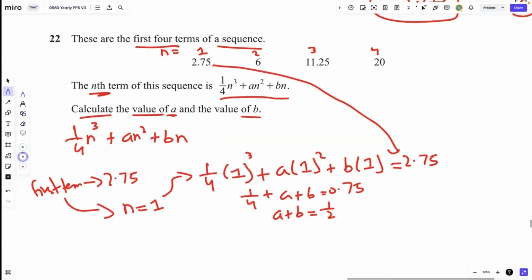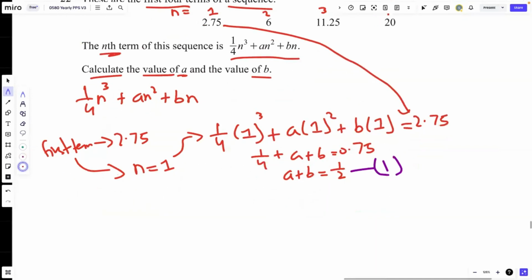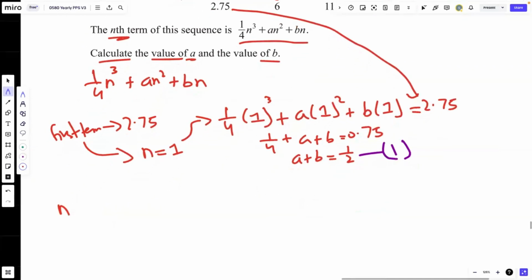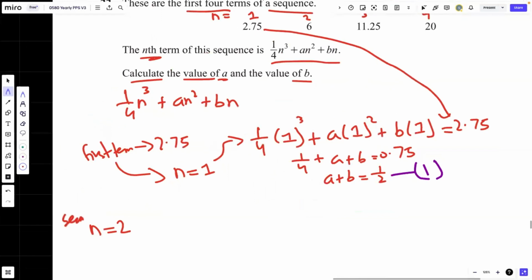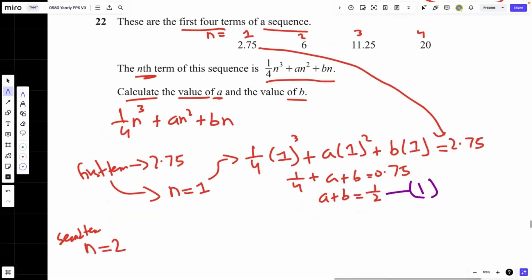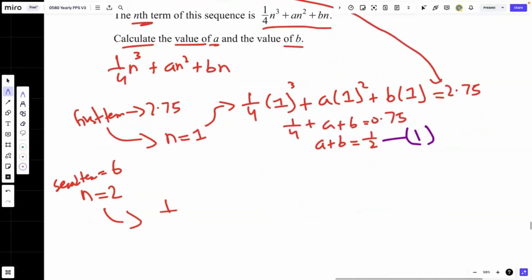So we have managed to find one equation using n equals 1. Similar logic, we'll use n equals 2 for the second term. Second term we know is actually 6. So we'll use n as 2 here. So that's 2 cubed plus a times 2 plus b times 2 equals 2.75.